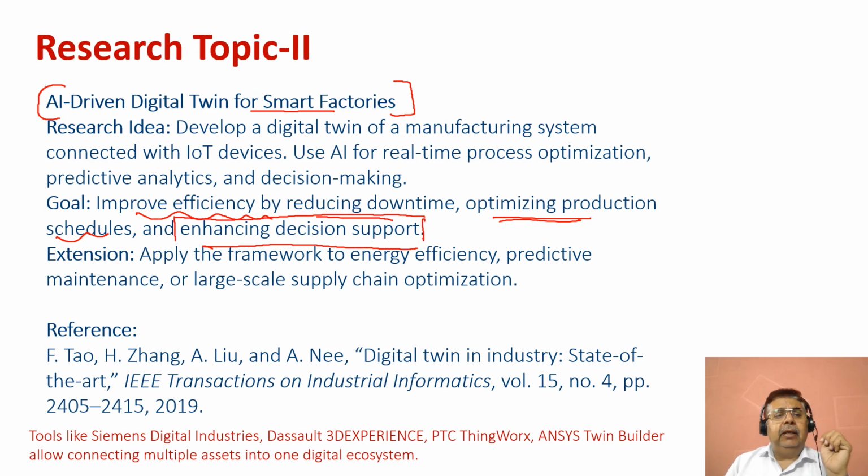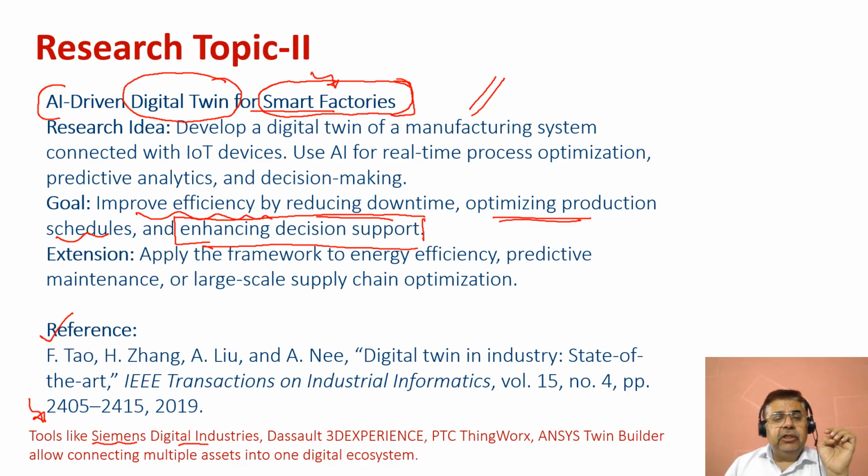So we can create digital twins for an entire line, maybe one line or multiple lines. In short, we can say for the entire factory also, and this is what is shown here in this research article. And there are certain tools available.